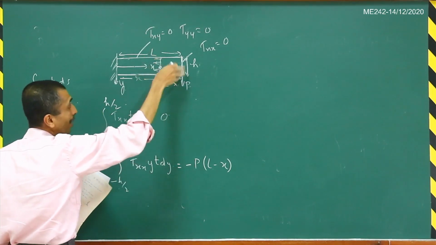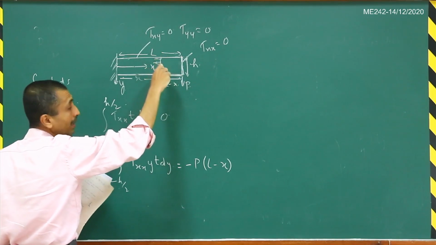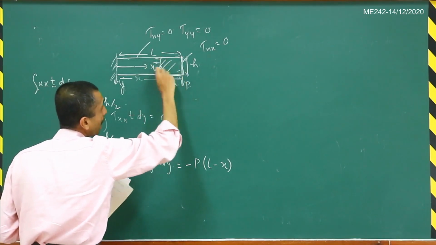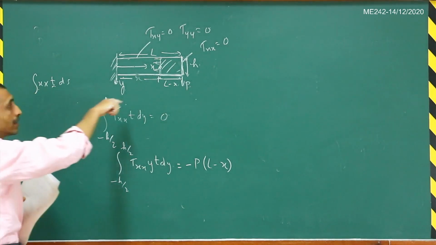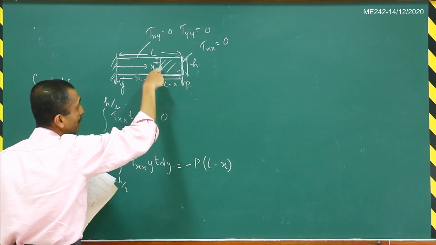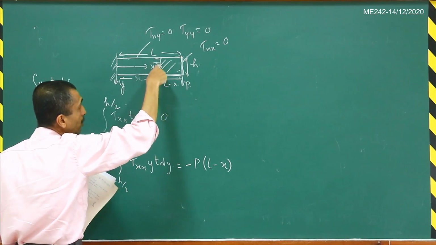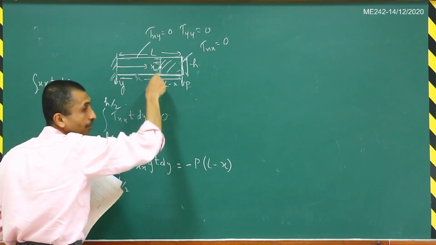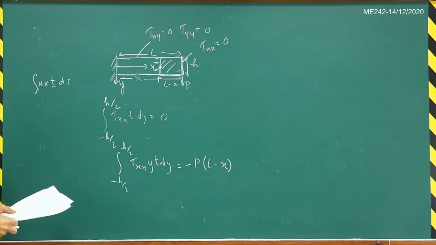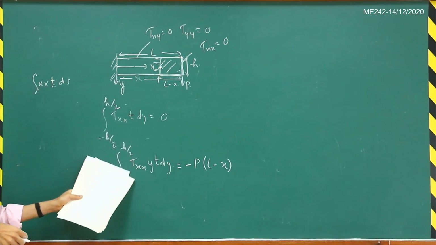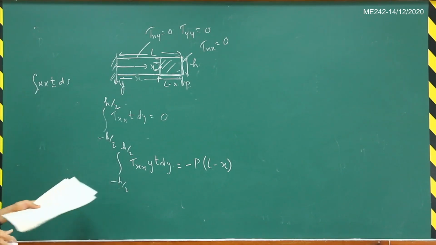Any subpart of this cantilever has to be in equilibrium, and so this moment is balanced completely by the moment due to the tau xx about this point, and that comes out exactly as minus p times L minus x. So this is just a verification that your solution is correct.